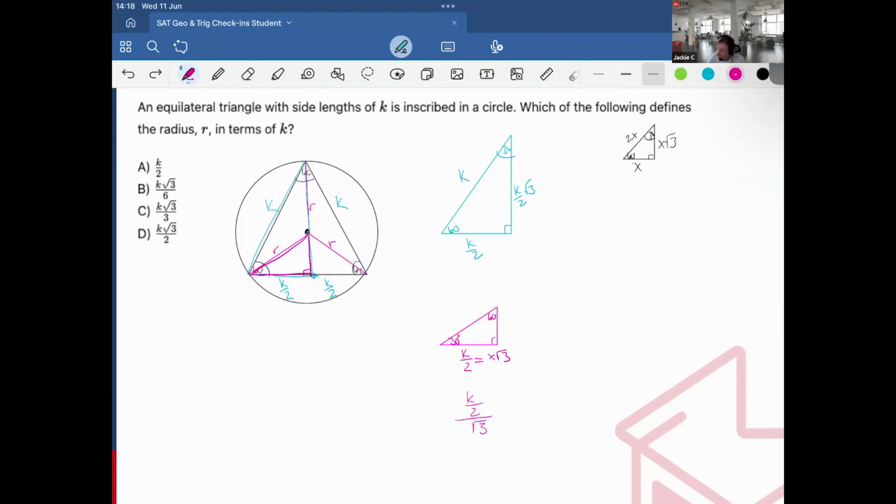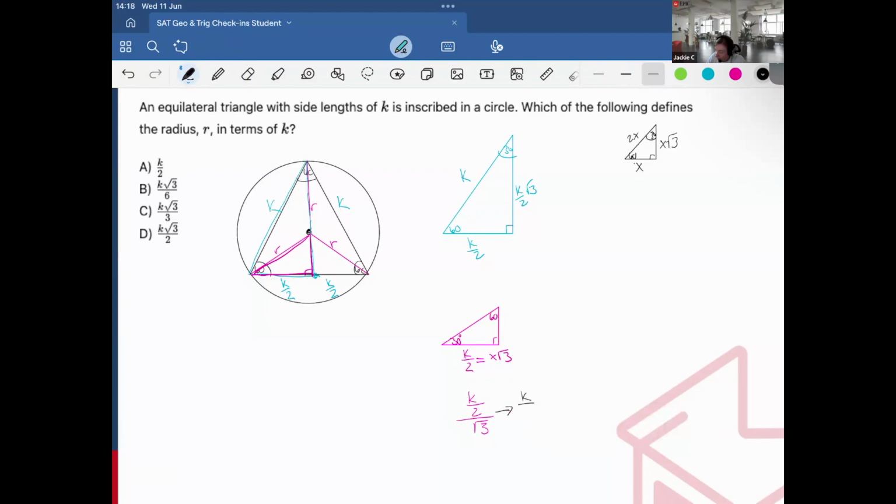So, let me put in black, k over 2 times, since I'm dividing by root 3, I'm going to multiply by the reciprocal of root 3, which would be basically 1 over root 3. So k over 2 root 3 is equal to x.